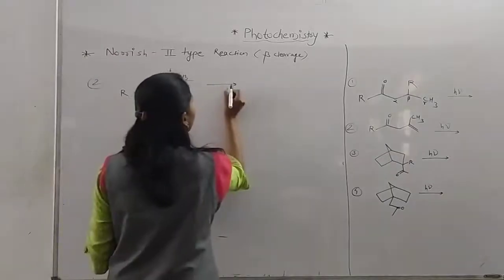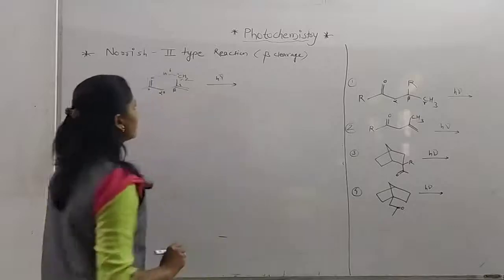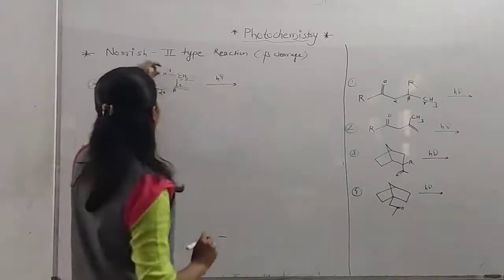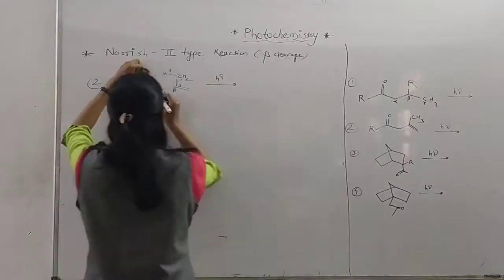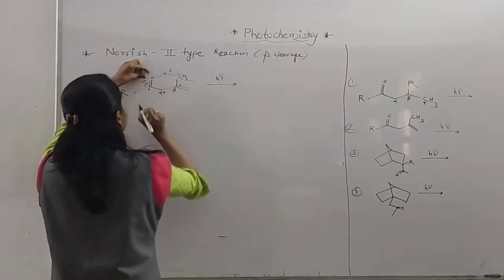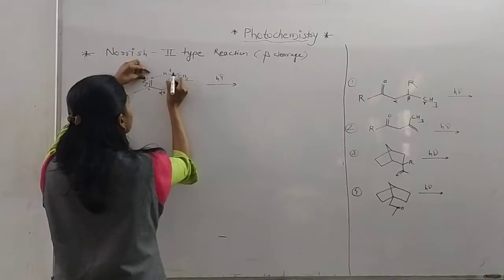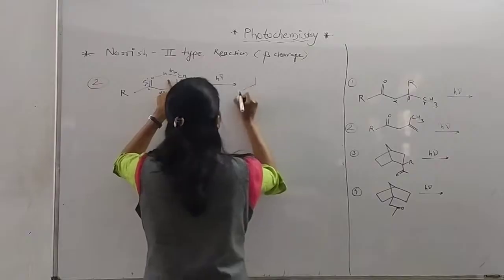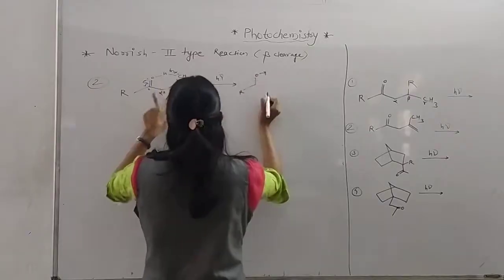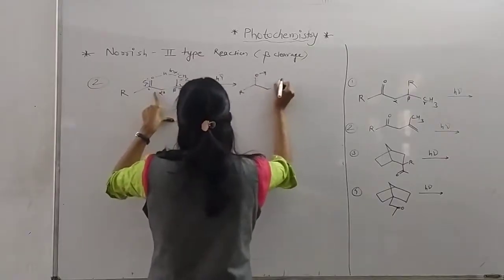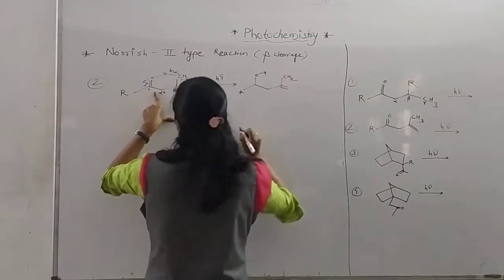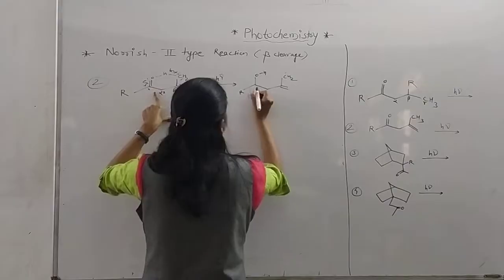So now we do the photochemical reaction here. As we do the photochemical reaction, there is breakage of this carbonyl group and cleavage of this carbon-hydrogen bond, and we get this one and this one.